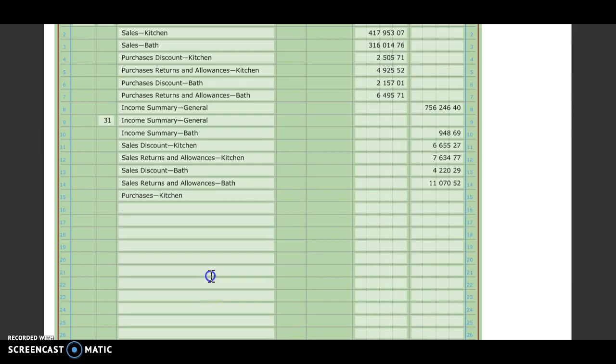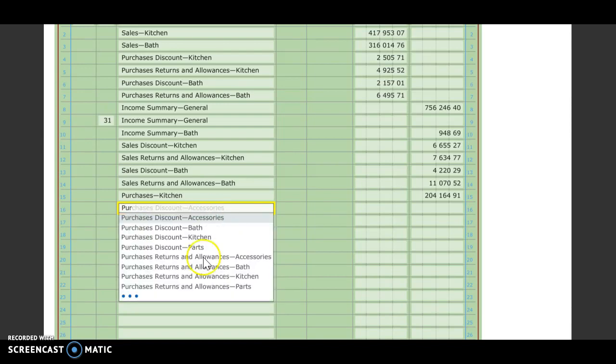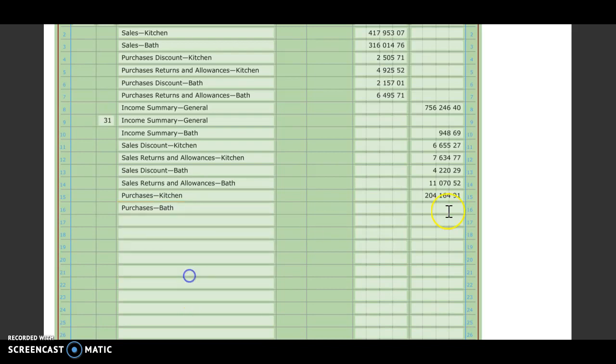There it is. I don't know why it wouldn't let me. Purchases kitchen, $204,164.91. Okay, my next is going to be purchases bath. I'm going to credit for $128,451.62.